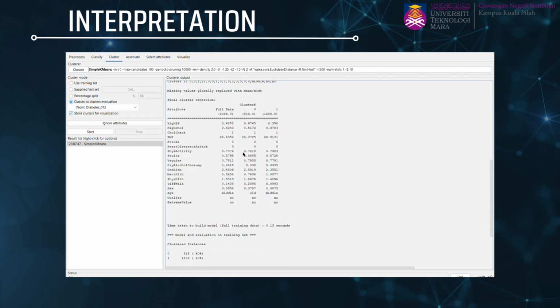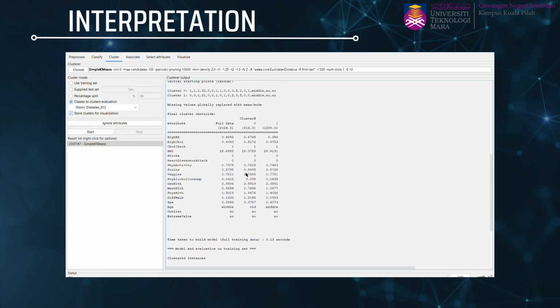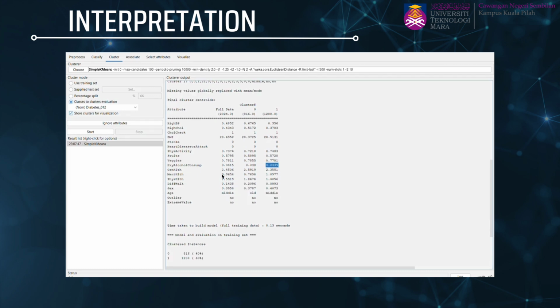And from this attribute list we can also get other information such as whether they eat vegetables or not, or whether they have heavy alcohol consumption. We can also get to see their mental health, in which those with diabetes usually have lower mental health than the full data, which means that they have a bad mental health, and that kind of makes sense as those that don't have diabetes have a good mental health.